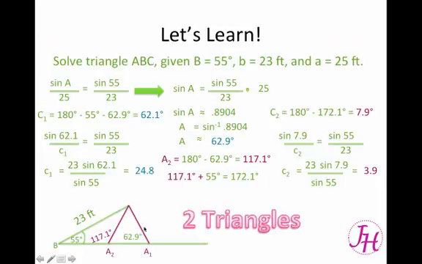So this angle measure right here is 7.9. This little side right here is 3.9. This angle right here is 62.1, and this side right here is 24.8. So those are our answers for our two triangles.